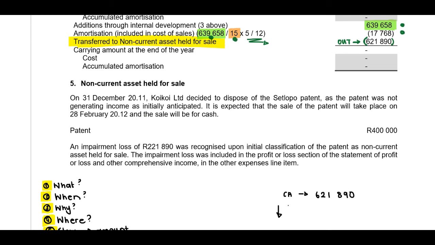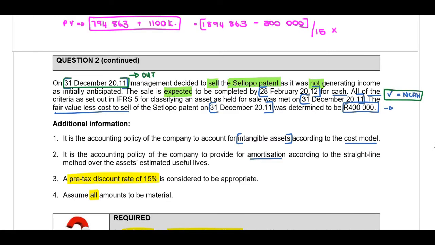Now we need to determine the fair value less cost to sell, because we will have to measure the non-current asset at the lower of our carrying amount and fair value less cost to sell. They've provided this to us.